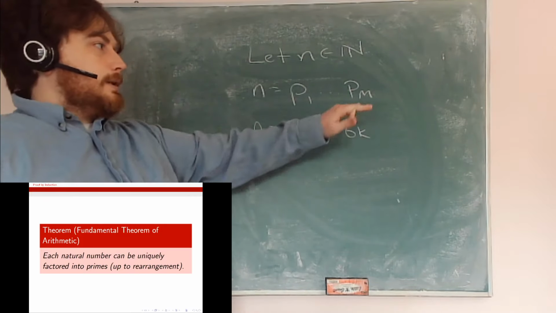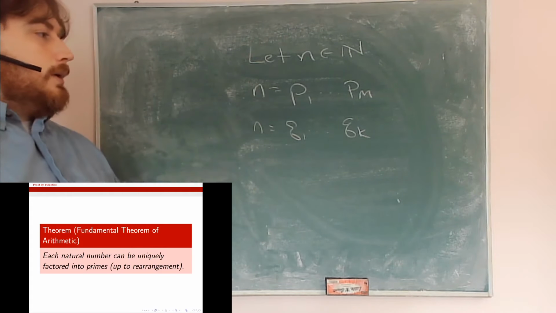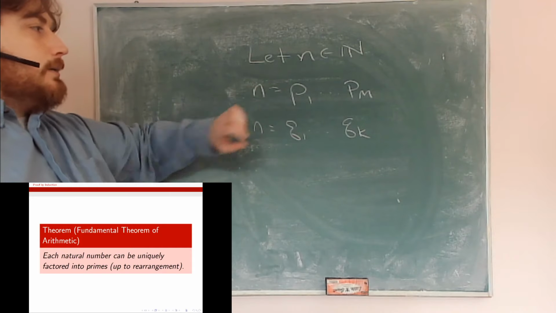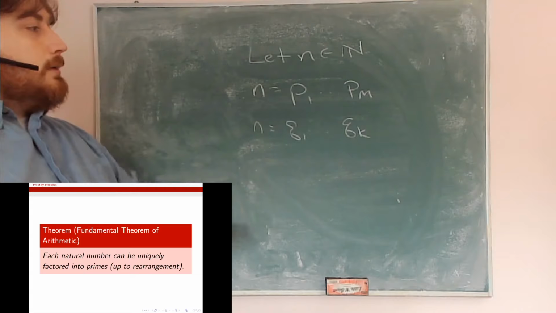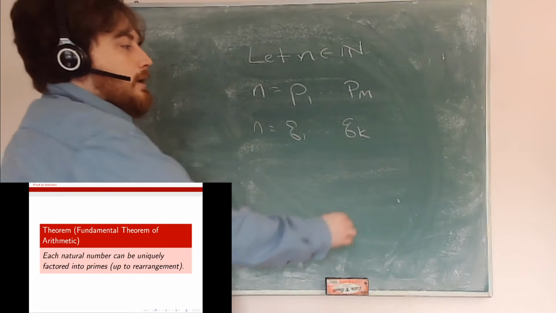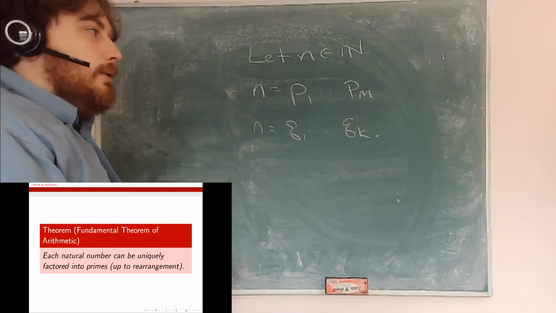I'm not even going to assume that these are the same number. I'm just going to assume that I can write it in two different ways. I know that I can write it in at least one way because I've already shown existence. But if I can do it in two ways, I want to show that these two things have to actually be the same up to a rearrangement.